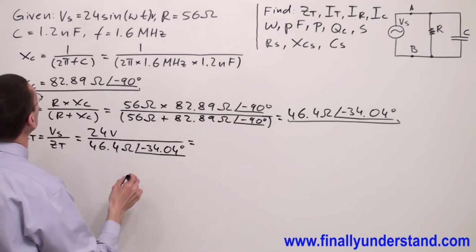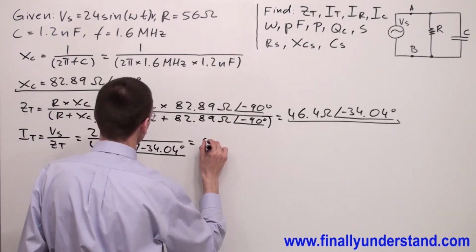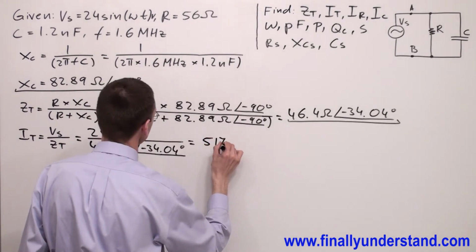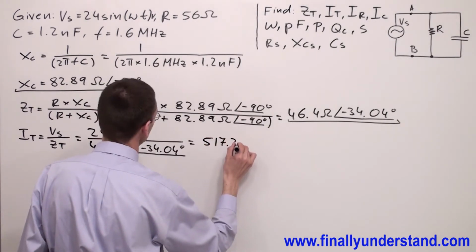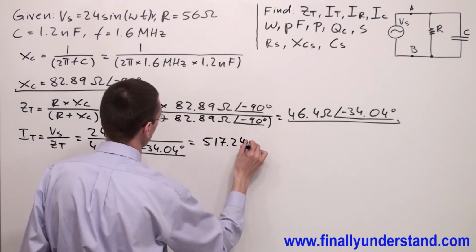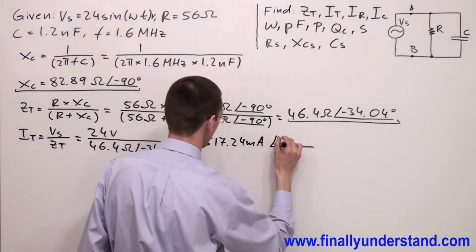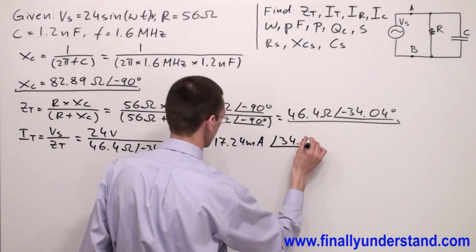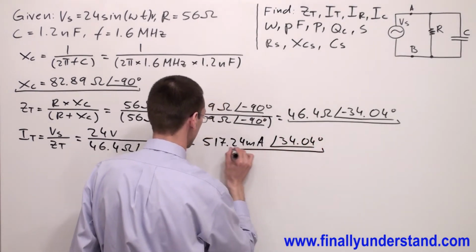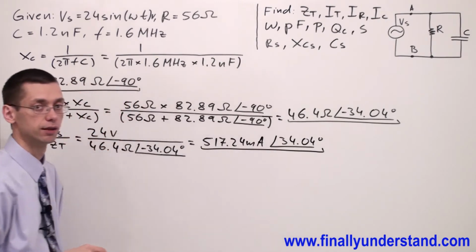This is equal to 517.24 milliamps and angle of 34.04 degrees. This is the total current in my circuit.